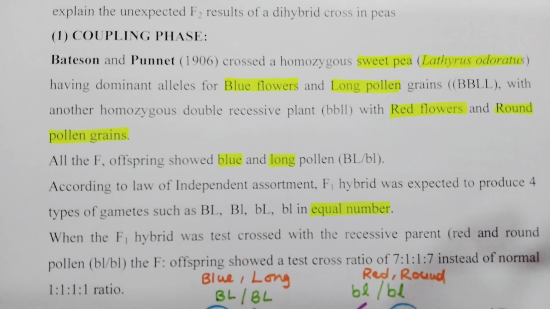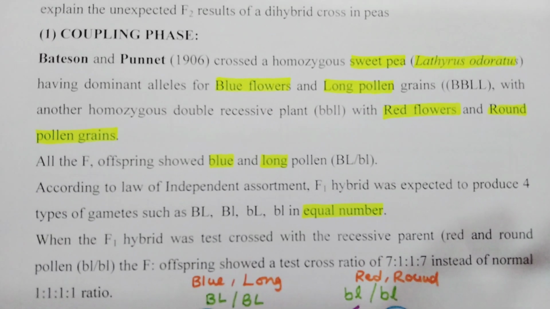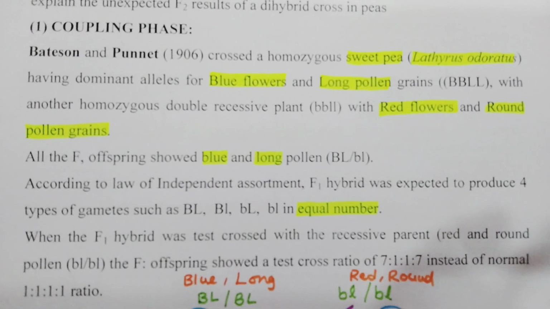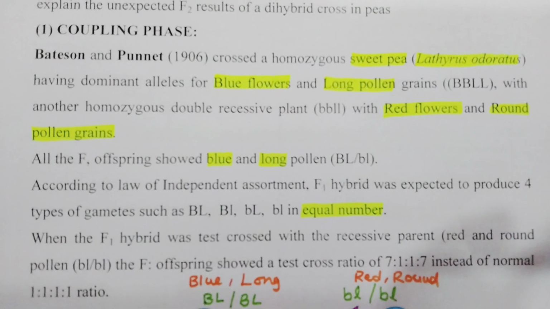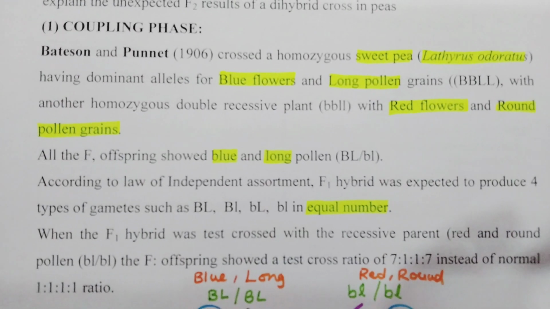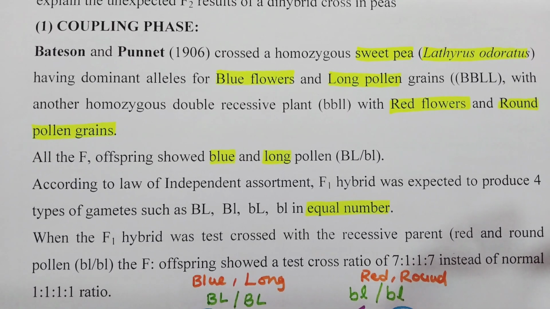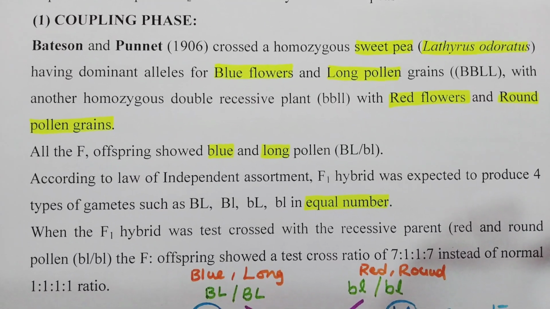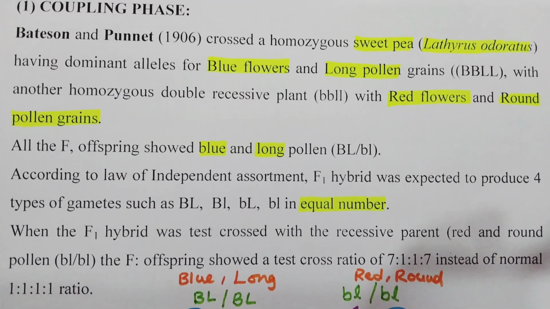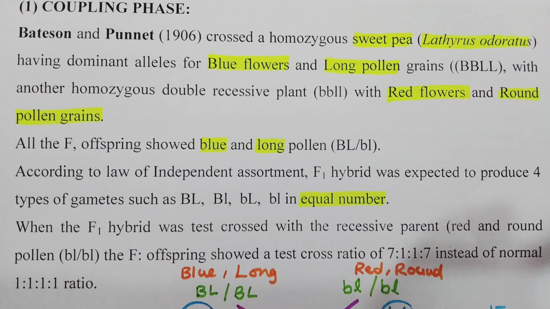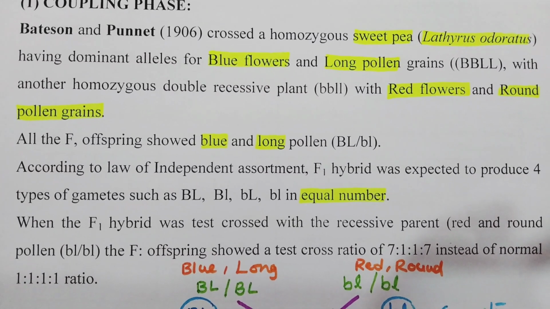Bateson and Punnett crossed a homozygous sweet pea. Whenever you see homozygous, remember that it is a pure plant. That means capital B capital B capital L capital L, or small b small b small l small l.